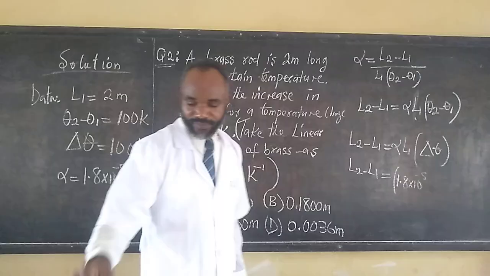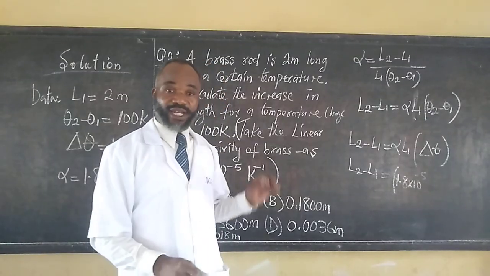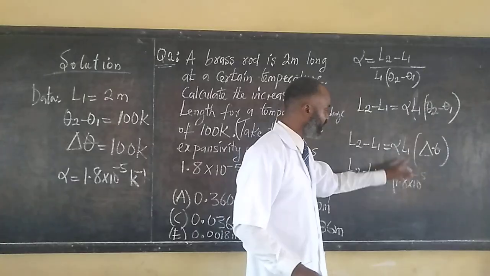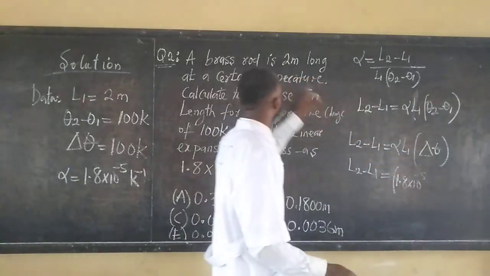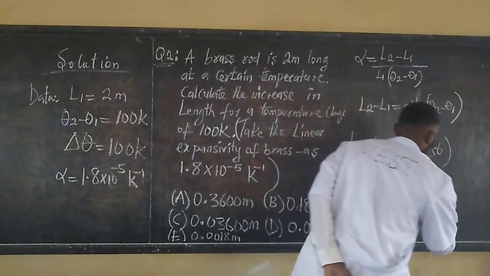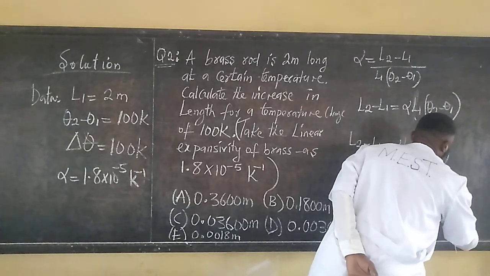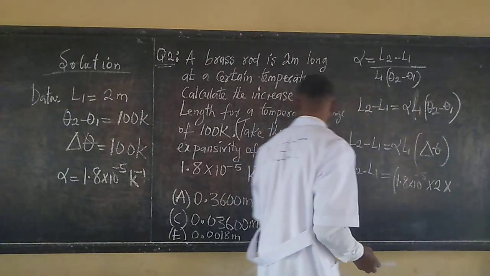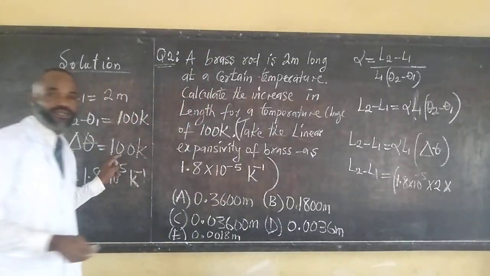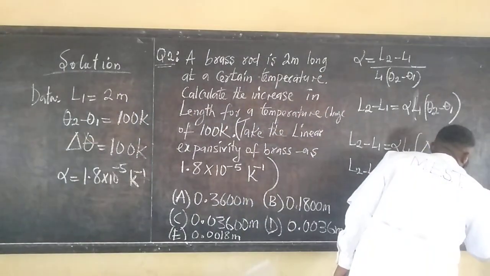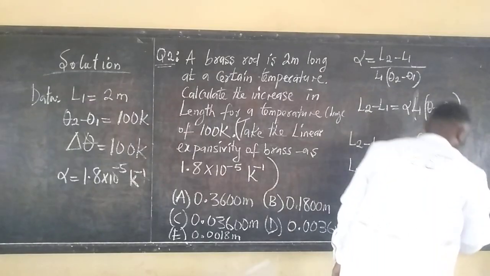We are now substituting. For this linear expansivity, we have this. For length 1, we have 2 meters, times 2. For change in temperature, we have 100 Kelvin. So we may not have much problem there. 100 Kelvin, bracket close.